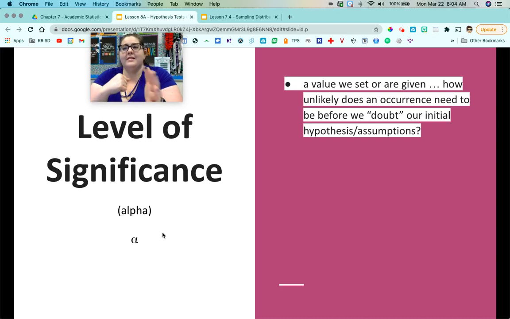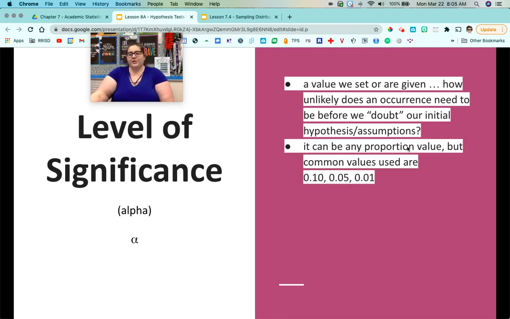And so our question is, is 4.28% unlikely? Or is that just kind of like, that could happen just by chance? So that's kind of what we're deciding. So alpha, or level of significance, is basically we're drawing the line in the sand. If something is less likely than this number, then we're saying we're doubting, right?